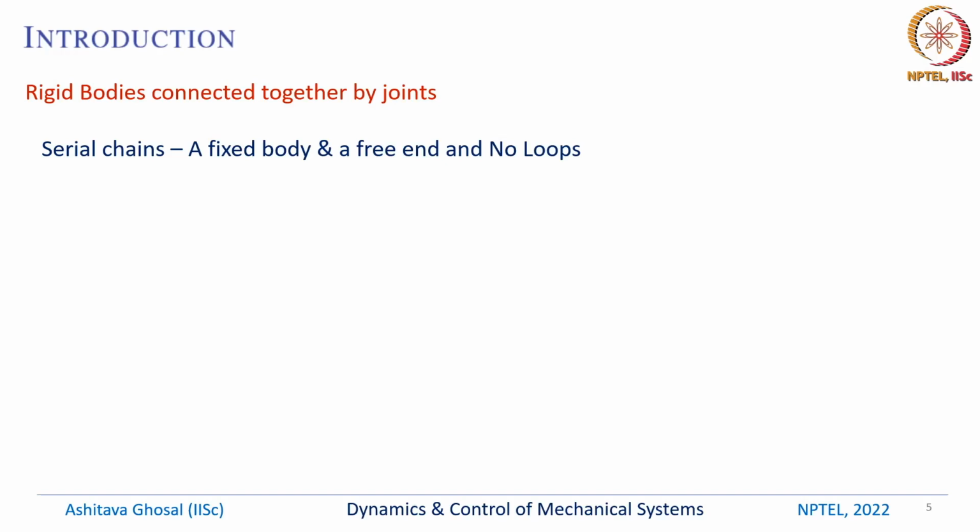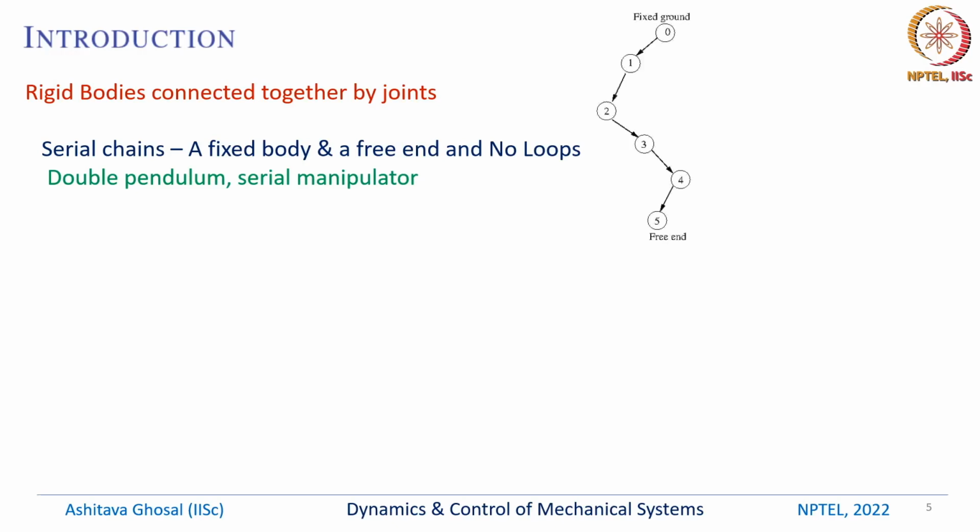In these serial chains, we have one fixed body and a free end, and there are no loops. I'll show you what a loop is very soon. A well-known example of a serial chain is a double pendulum, or even a serial manipulator or a serial robot. In the next slide, I will show you many pictures of such serial chains.